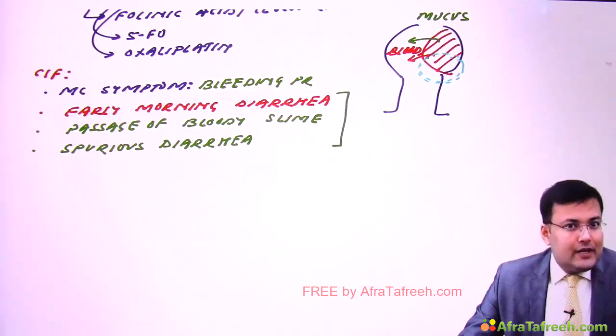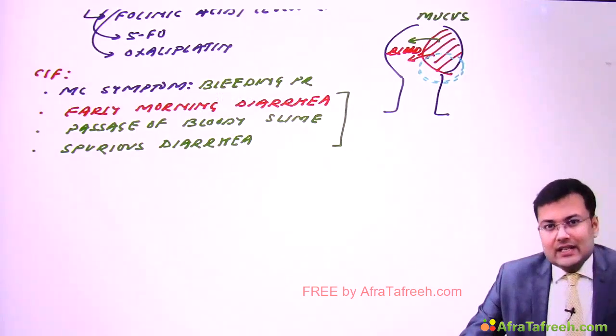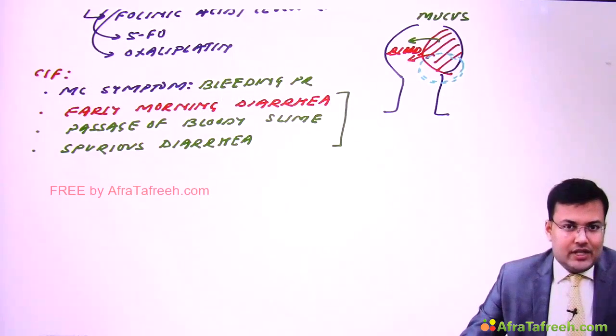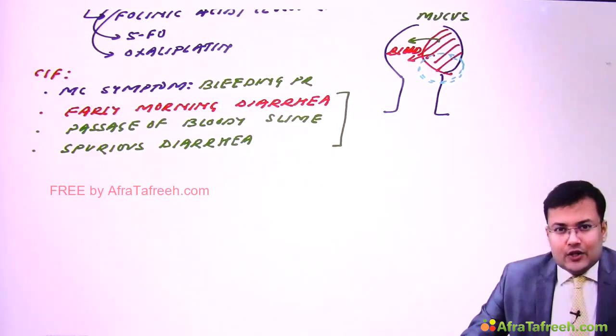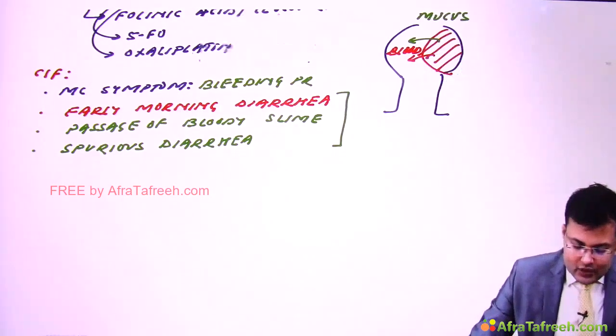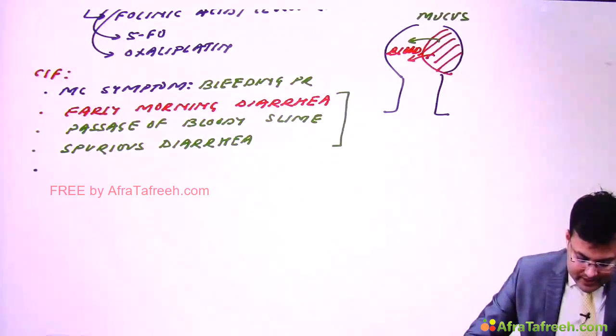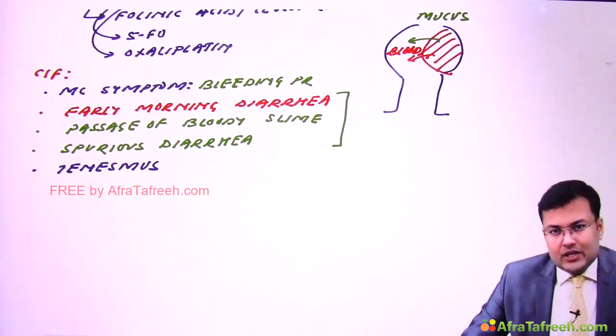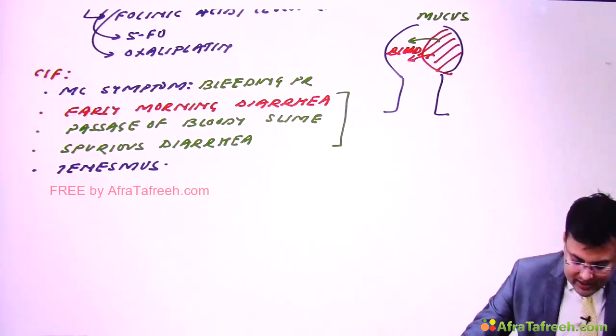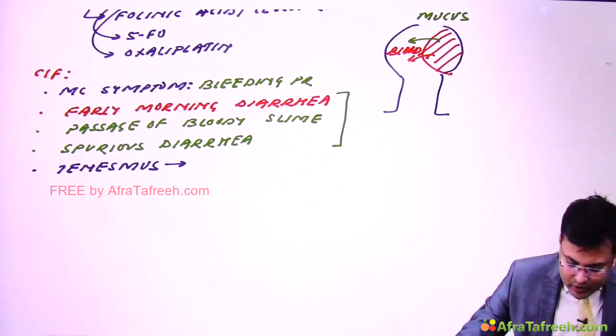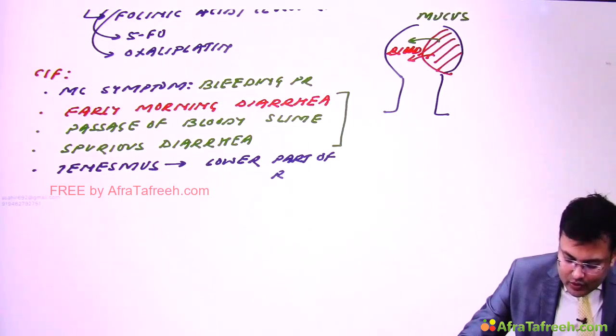It is painful defecation with sensation of incomplete evacuation, and it is seen in carcinoma lower part of rectum. So the name of this symptom is tenesmus. Painful defecation with sensation of incomplete evacuation, and it is seen in malignancies located in lower part of rectum.